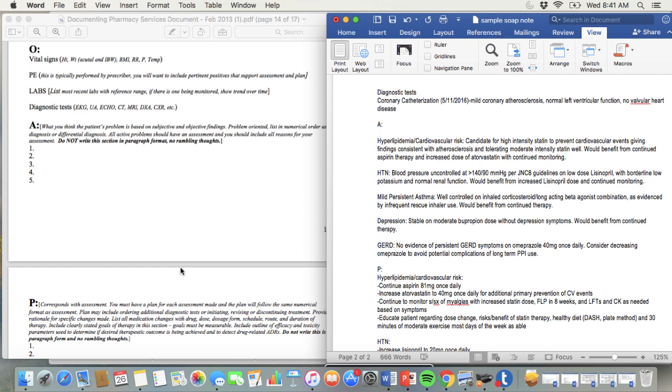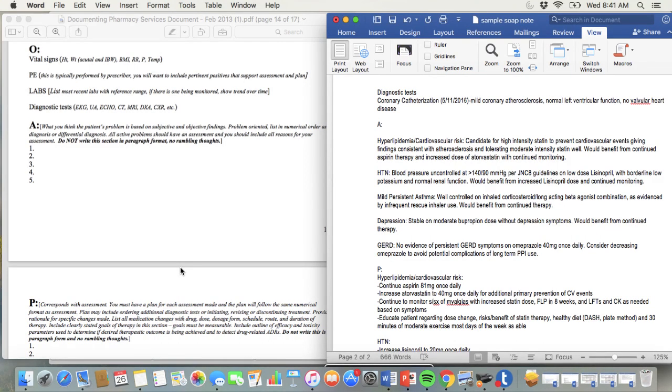So for example, if you find yourself on rotation in an anticoag clinic, you're going to write a note just based on anticoagulation, and you may not include all of the different disease states. And sometimes you'll be in a setting where it is appropriate to include every disease state in your assessment plan. So just for completeness, I've included all of the diagnoses that need to be addressed for this patient.